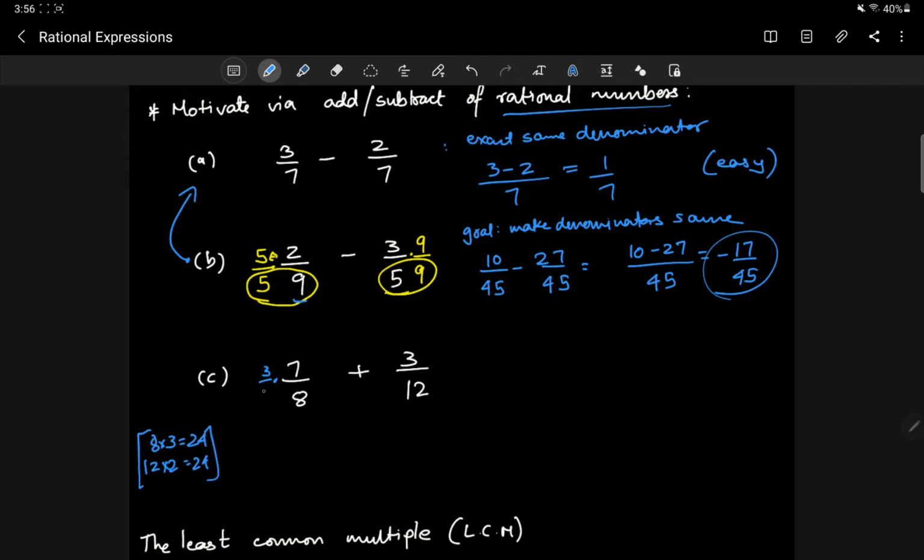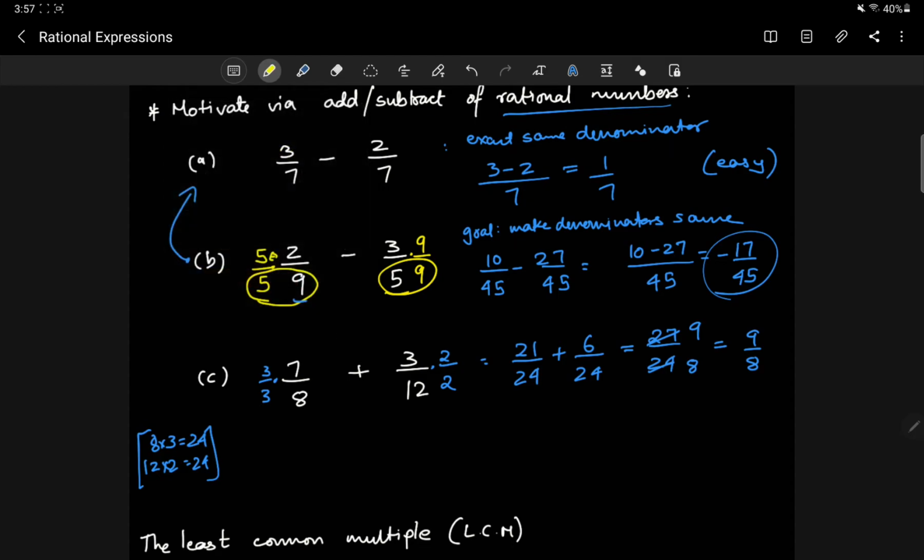So I can multiply and divide this by 3 and this by 2 to get 21 over 24 plus 6 over 24, which becomes 27 over 24. And then I simplify that because 27 is 9 times 3 and 24 is 8 times 3, so it becomes 9 over 8.